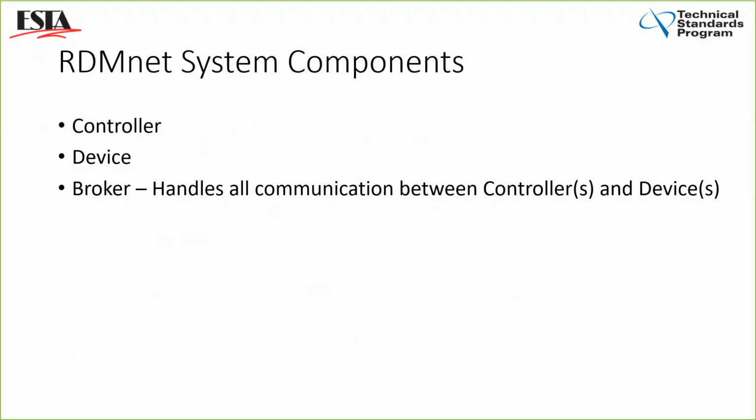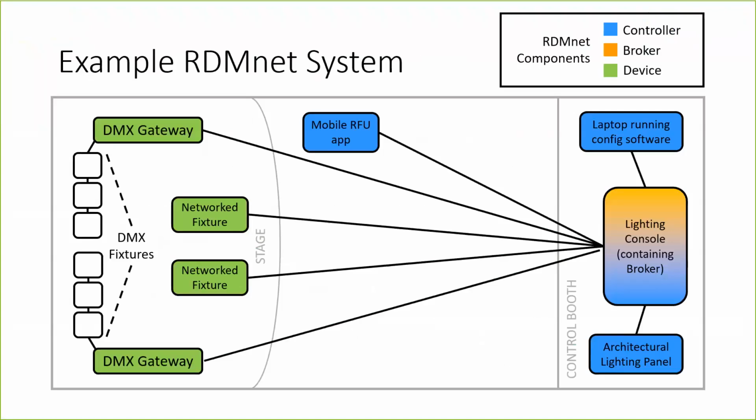So let's look at an example RDMnet system diagram here. You can see that I've got a lighting console, and it has both the controller and the broker inside of it. That's what you will commonly see in the vast majority of systems, unless you're getting up into a Disney theme park level scale of system where you're going to need to have a separate broker.